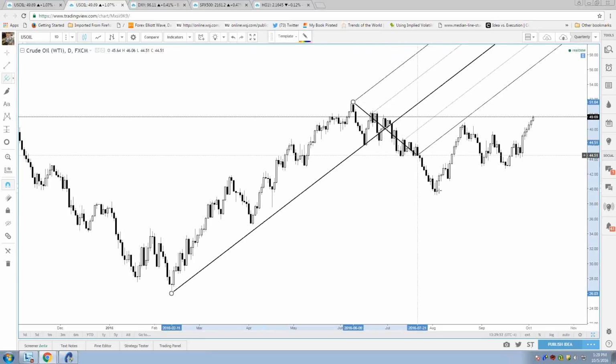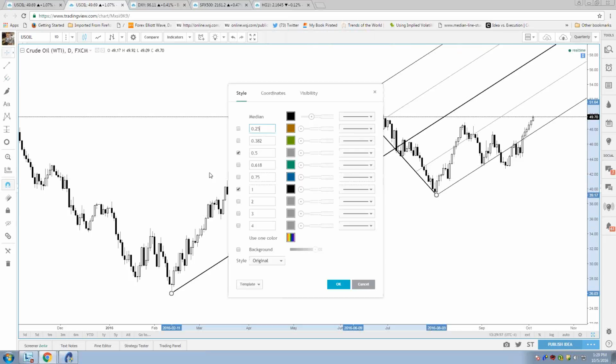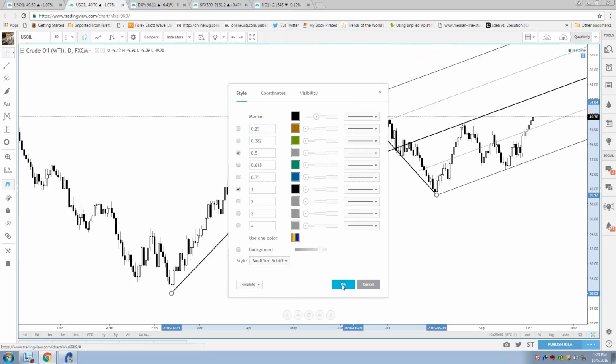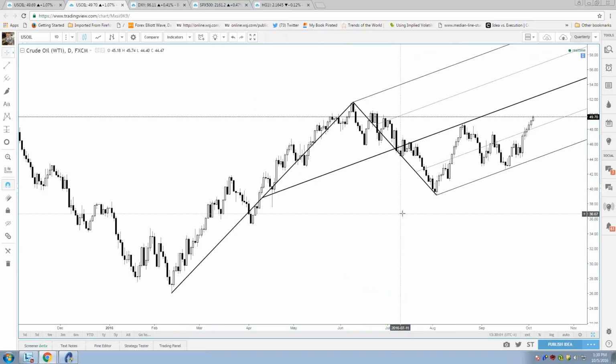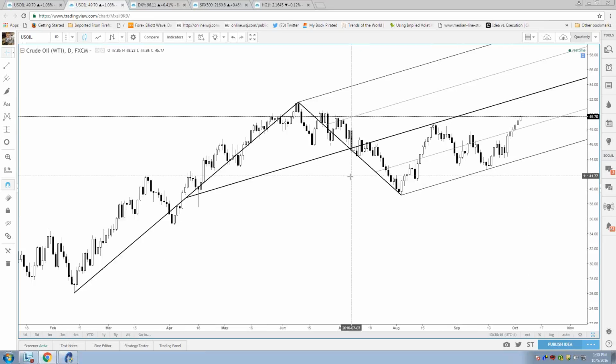If you were to draw this fork like so, but adjust it so it's simply a trend line, it actually works out really quite well, does it not? The high would actually touch this median line, right? So this median line, you could be trading on these parallels for quite a period of time. All right.